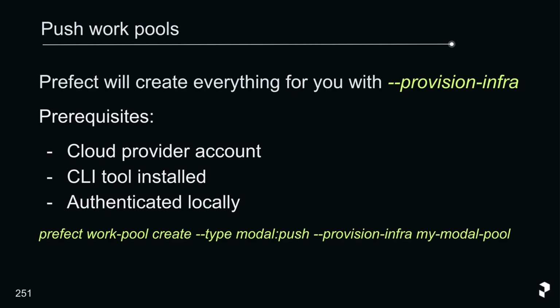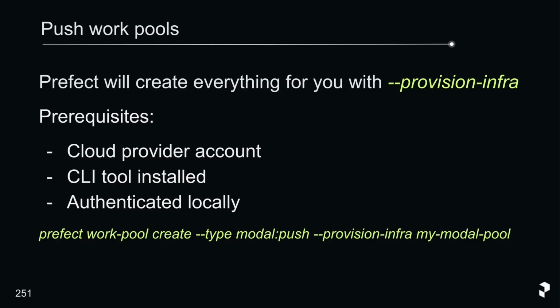So there are a few prereqs that you'll need to have before running this command. You'll need to ensure that you have an account with your cloud provider with the correct permissions. You'll want to make sure that the CLI tool for that cloud provider is installed in your environment where you're running this command. And you want to make sure that you're authenticated locally to your cloud provider account as well.